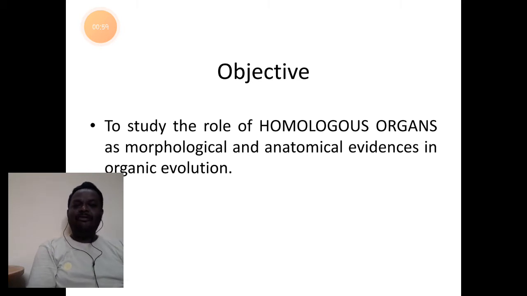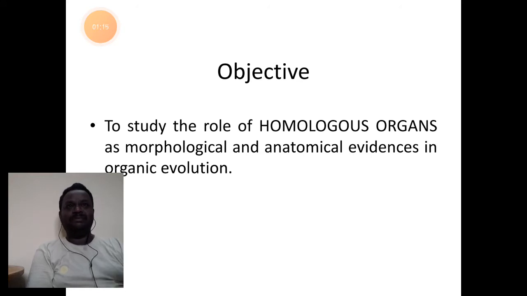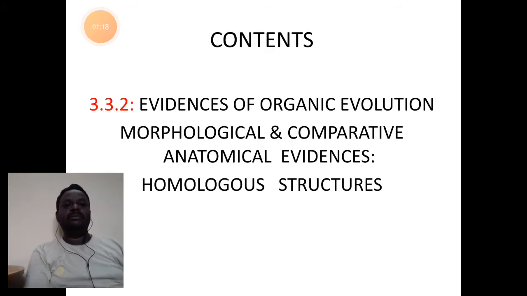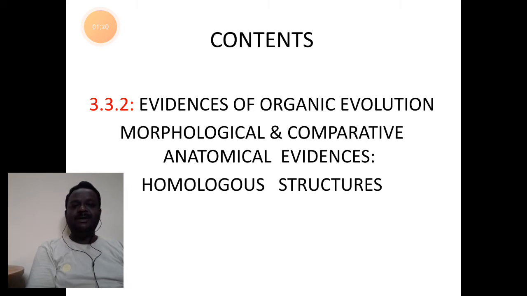The objective of today's session is to study the role of homologous organs as the morphological and anatomical evidences in the process of organic evolution. The content includes, under the concept of evidences of organic evolution, the type is anatomical evidences, under that homologous structures.